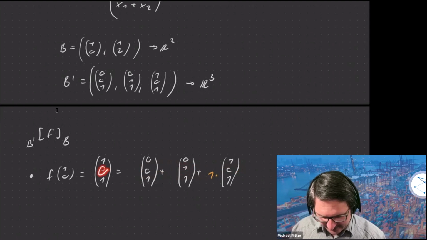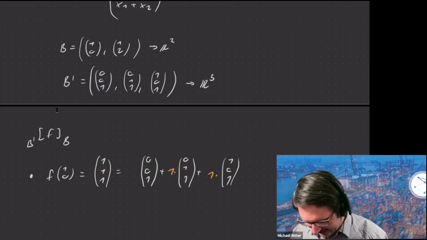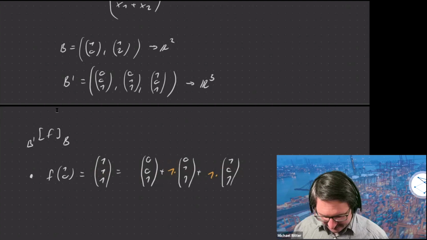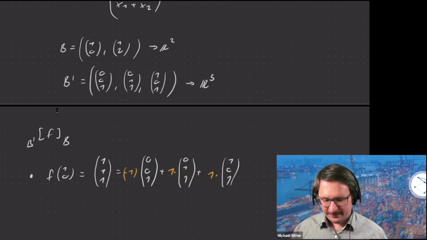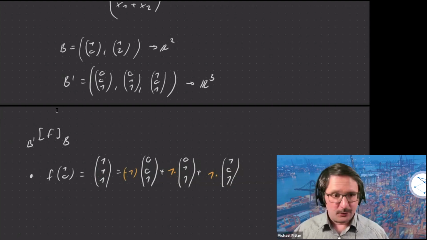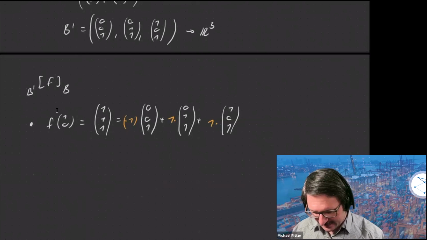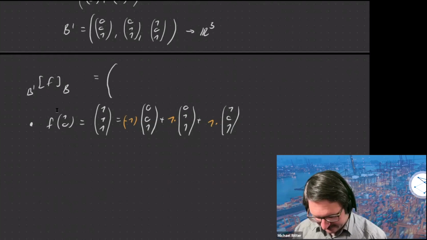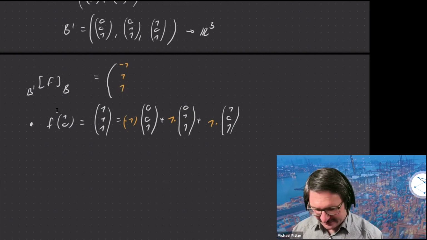So if you want a 1 here, we need a coefficient of 1 here. And finally, the last row, we have 1 plus 1. So we have 2 already. We want a 1. So to get that, we need to put a coefficient of -1 in front of this vector. And we get -1 plus 1 plus 1. That's plus 1. Okay, so this (-1, 1, 1) will then be the first column of the desired matrix. And let's fill this in right away, maybe. So here we then have -1, 1, 1. And the order is, of course, the same order as here in B prime.